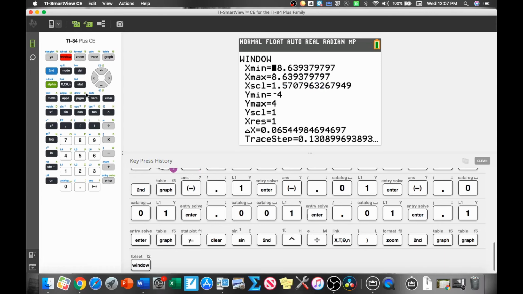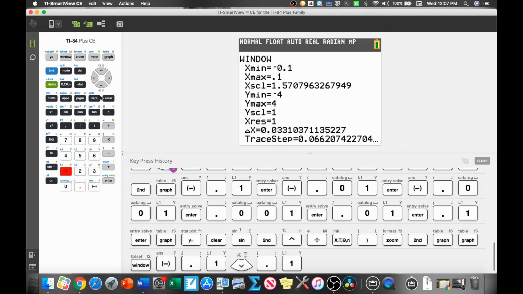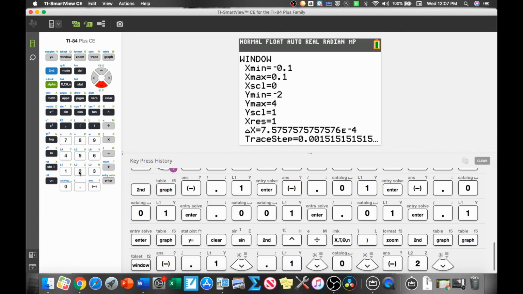So maybe I want to go to my window and I want my x-min to be, I'm just going to zoom in close, so negative 0.1, and I'll do my x-max to be positive 0.1, and I'll just turn my x scale off. My y-min and my y-max, since this is a sine function with no amplitude change, positive and negative 1 should be where the graph lives on the y-axis. So I'll just change my y minimum to negative 2 and my y maximum to positive 2.